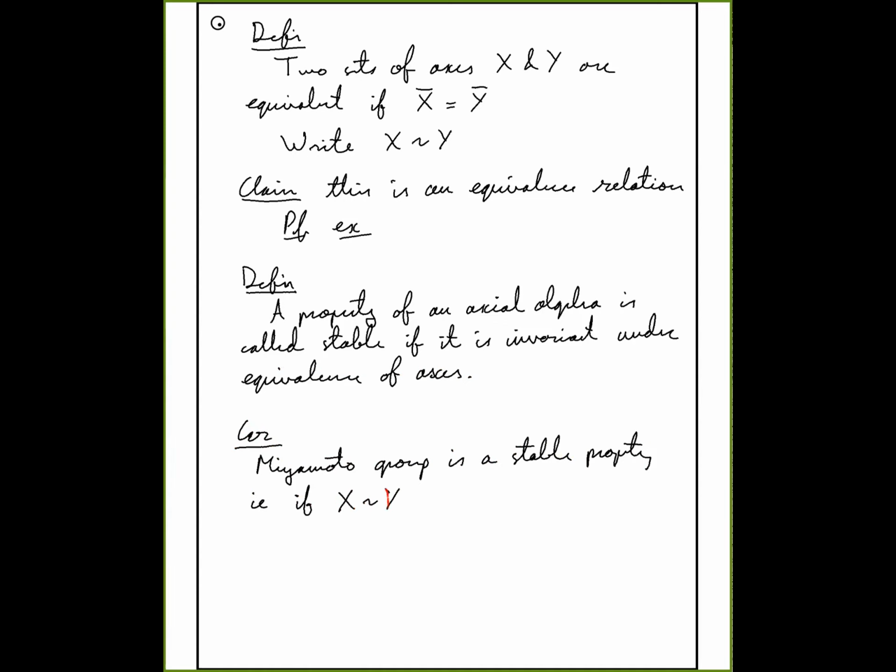If X is an equivalent set of axes to Y, then the Miyamoto group of X is equal to the Miyamoto group of Y.